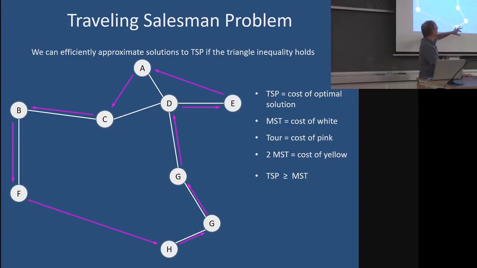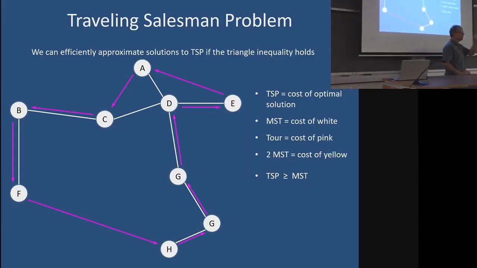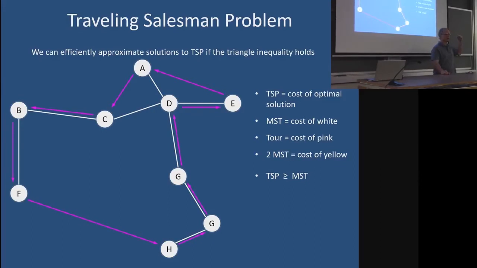MST, minimum spanning tree, connects every vertex. Connects them all together using V minus 1 edges, and it's minimum. Now, the traveling salesman problem graph, the Hamiltonian cycle that's found, has 1 more edge. Take one of the edges away from the TSP solution. What do you have?